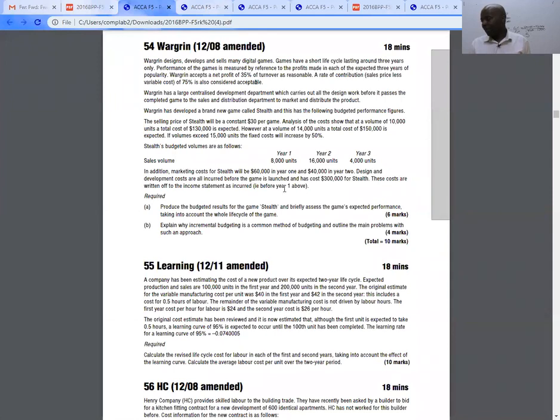These costs are written off to the income statement as incurred, i.e. before year 1 above. So they want us to produce the budgeted result for the game stealth and briefly assess the expected performance, taking into account the whole life cycle of the game.